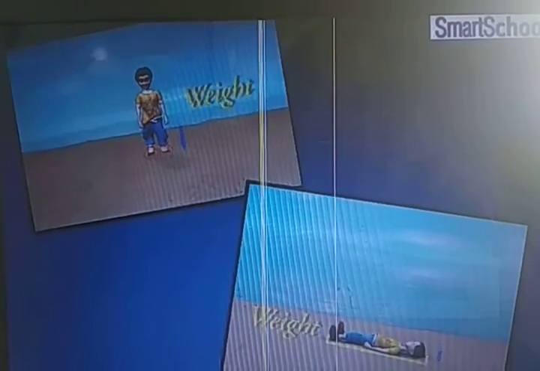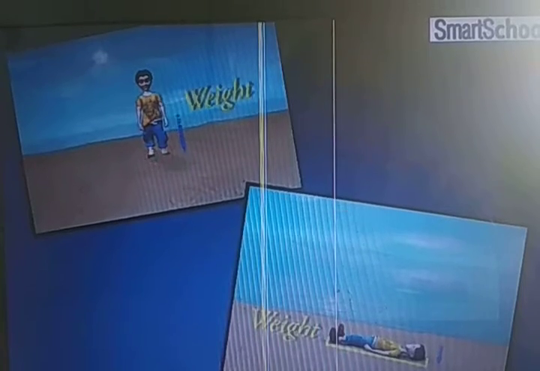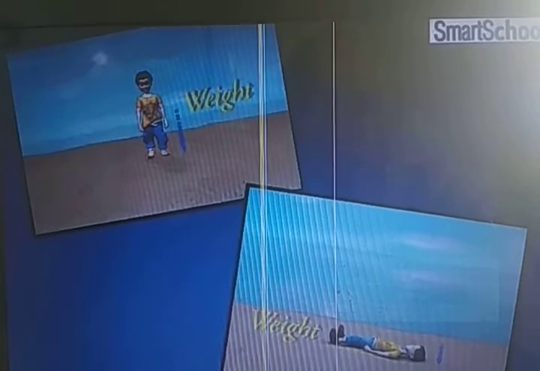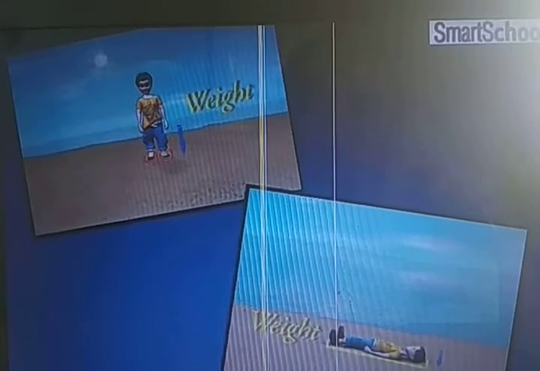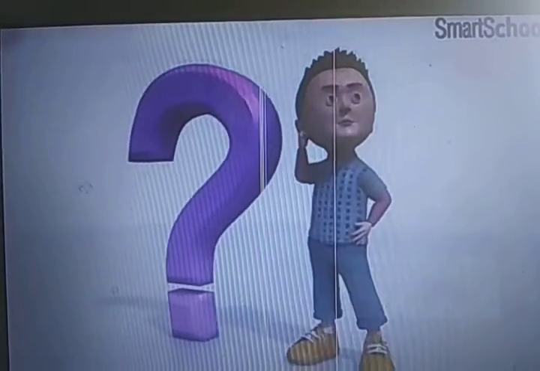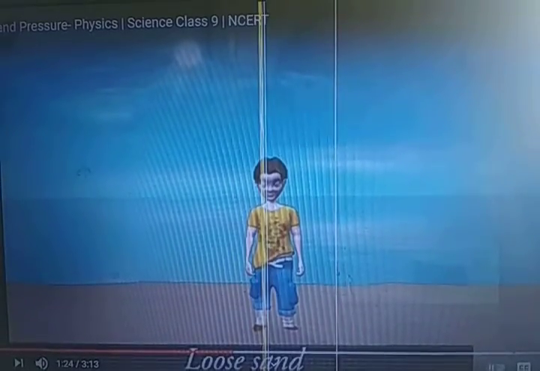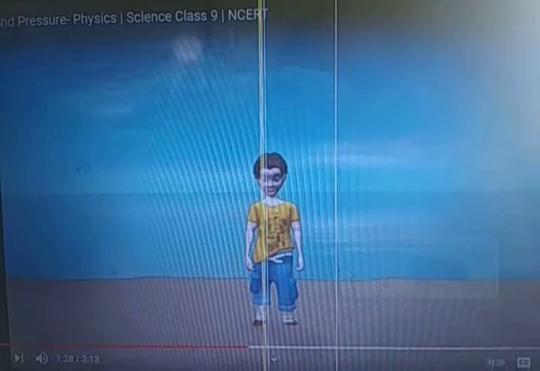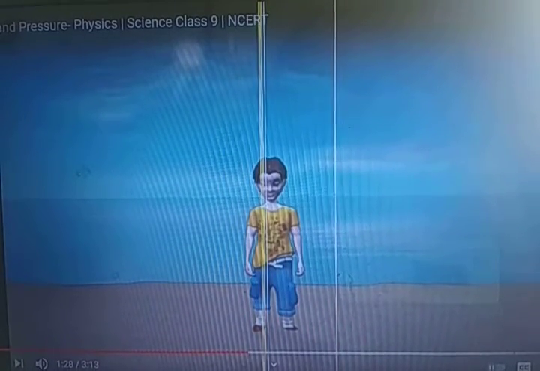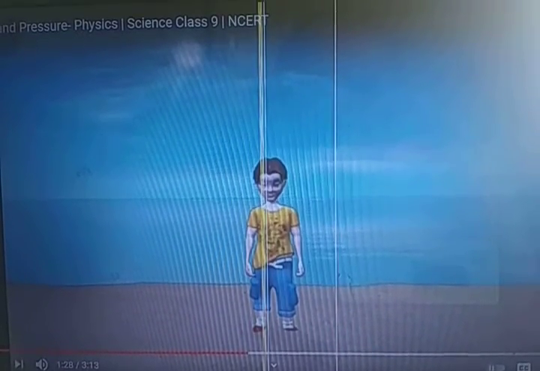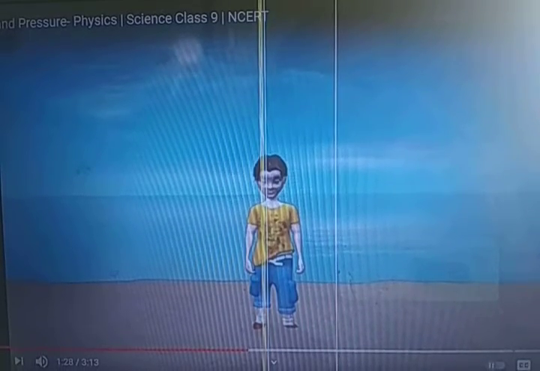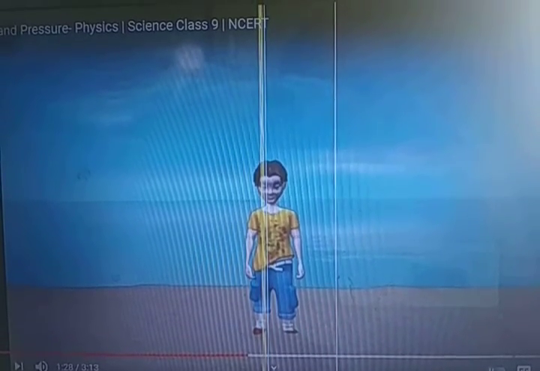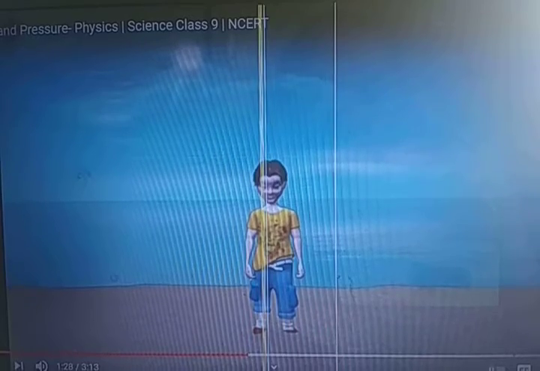When we walk on sand, our feet sink into the sand, but if you lie down, you will not sink. Why? Because when you walk, the area of the force acting perpendicular on the sand is small, so your feet sink.